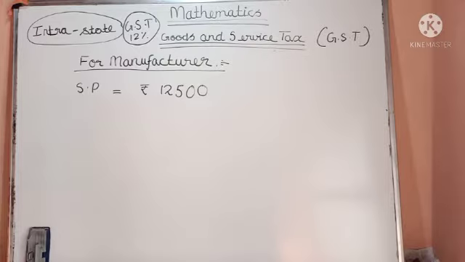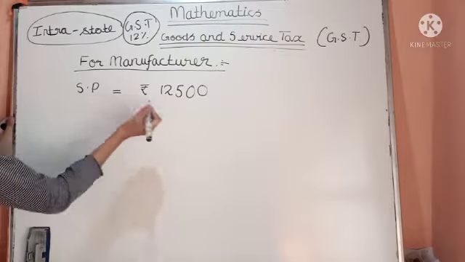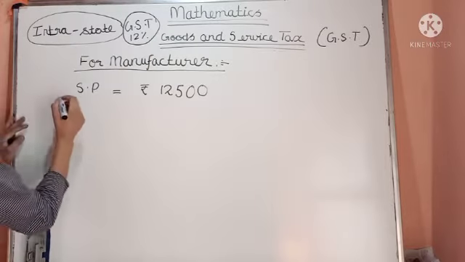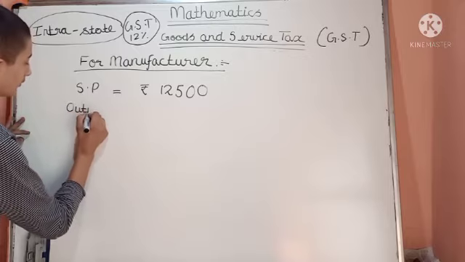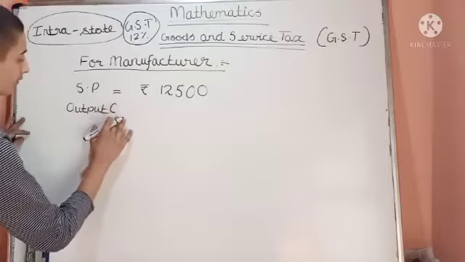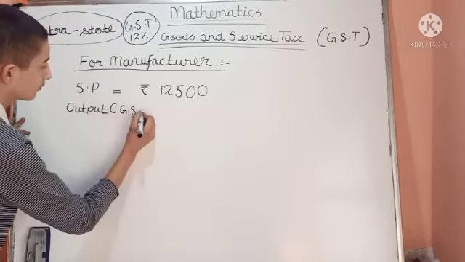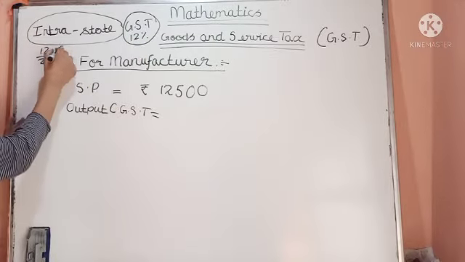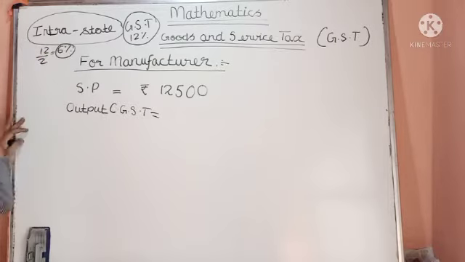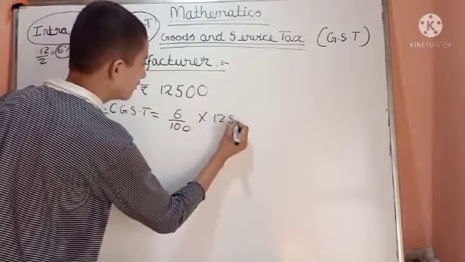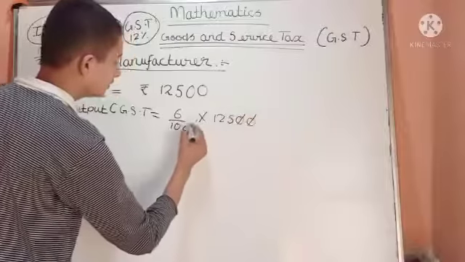Then input tax will be 0 because CP is not given. So for output tax, output CGST is 12 upon 2, 6% CGST and 6% SGST. So output CGST will be 6/100 into 12500. Zeros will be cancelled.